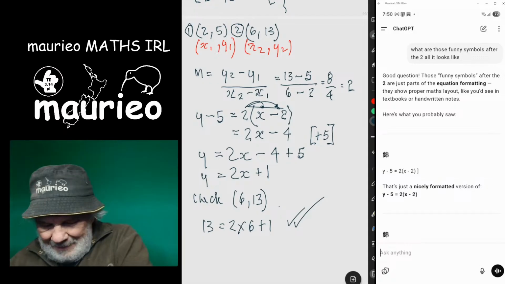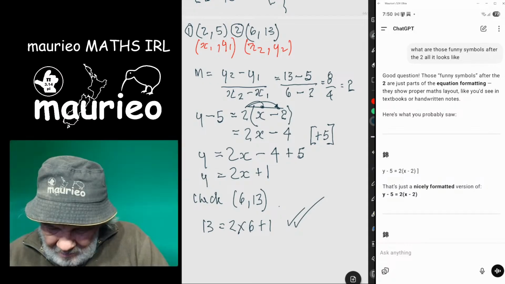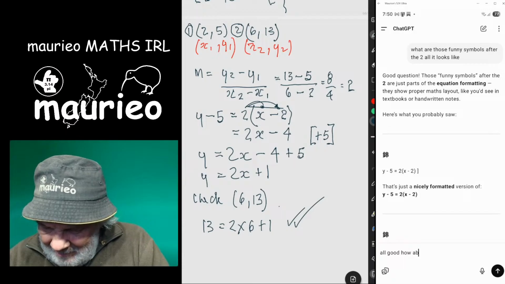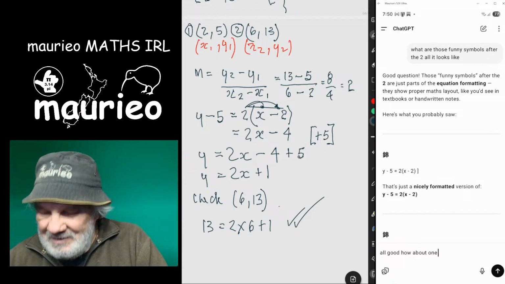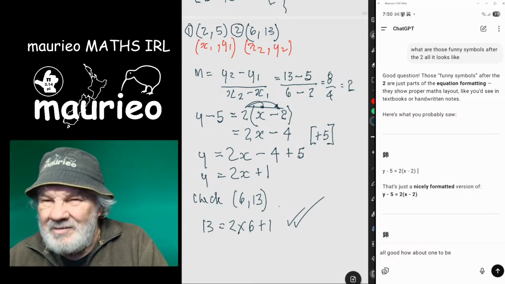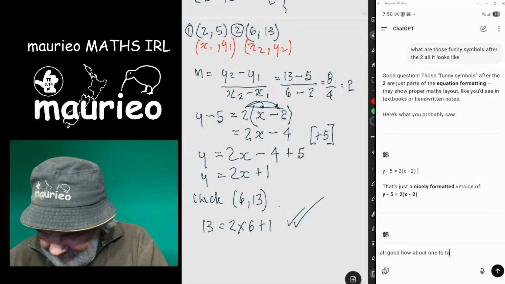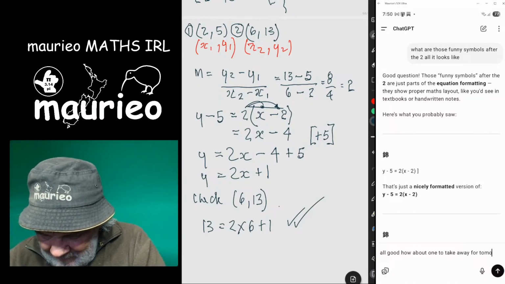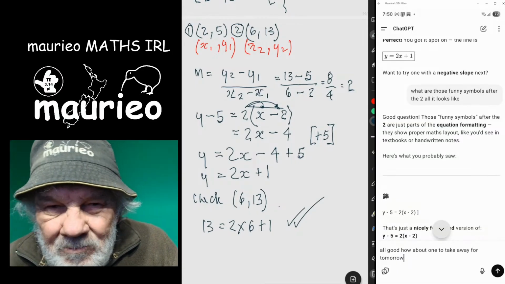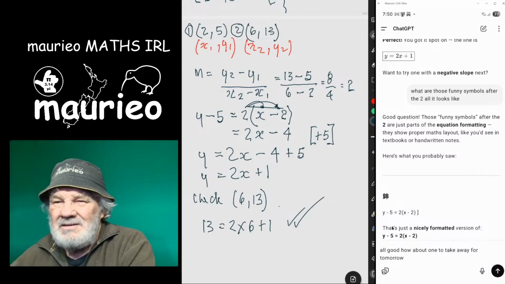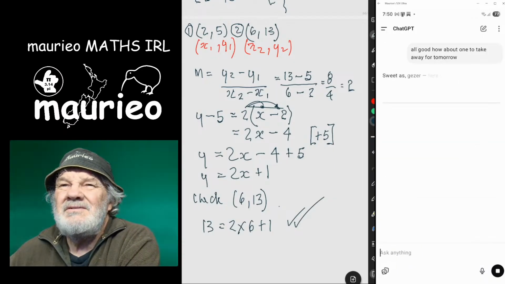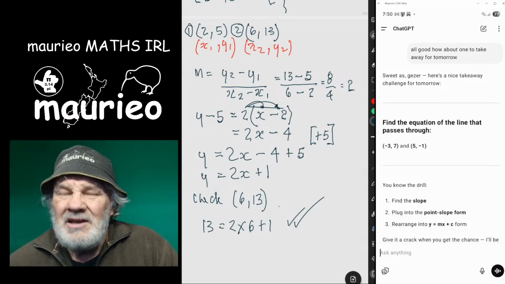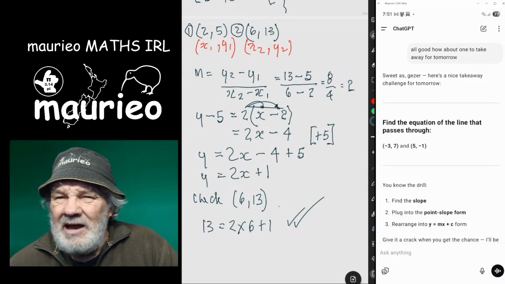Anyway, okay, so all good. How about the homework: find the equation of the line that passes through the points -3, 7 and 5, -1.